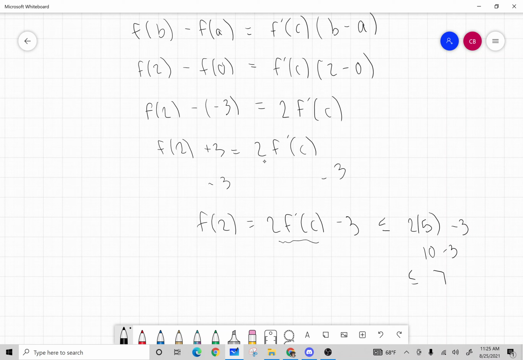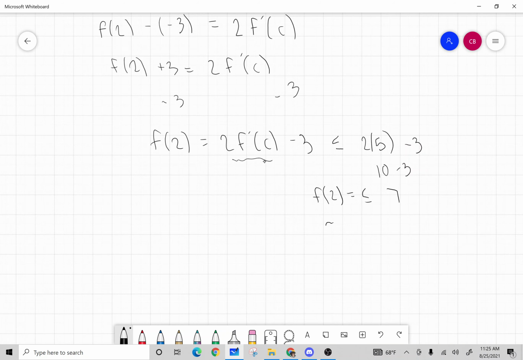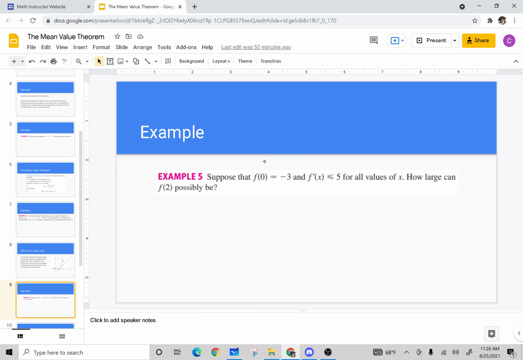And so f of 2 is less than or equal to 7. Since it can be equal, we would say that f of 2 is at most 7. And so we can figure out the values of these functions and what they can equal.